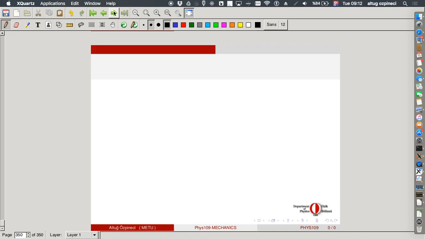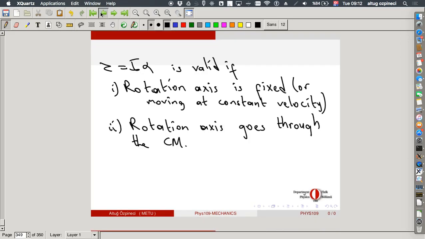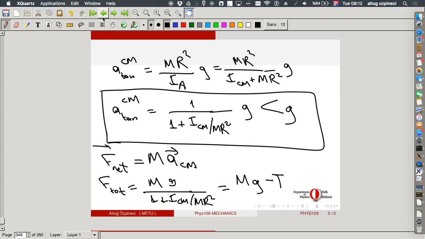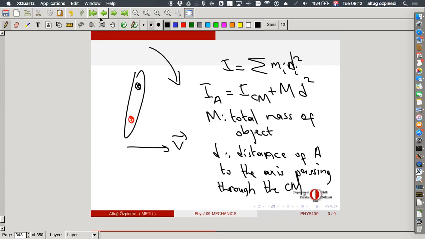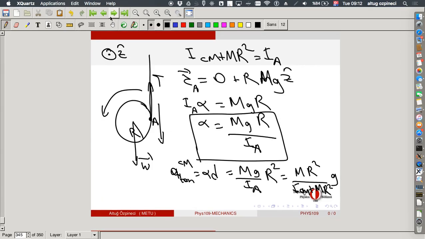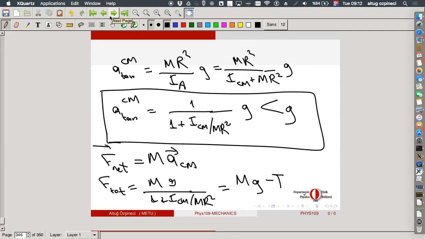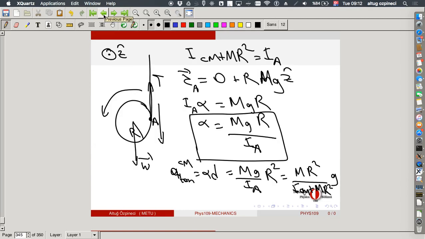So, is the only acceleration due to the weight, the force of gravity, of the yo-yo? No. The acceleration of the center of mass is always determined by the total force, the net force, acting on my system. Now, if you look at the yo-yo, there are two forces acting on it: the weight and the tension. So these two forces determine the acceleration of the center of mass, not only the weight.